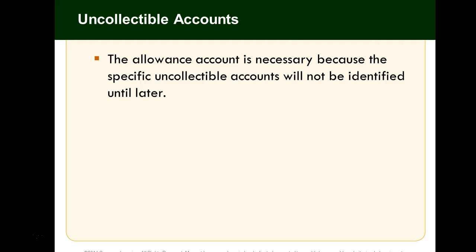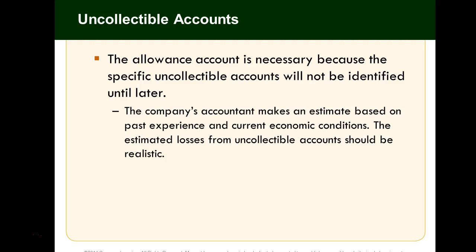Again, allowance account is important because we don't know in this period what's not going to be collected, but we need to record something in this period to offset the revenues with the appropriate expenses. So the accountant of the company makes an estimate, usually based on past experience and current economic conditions.